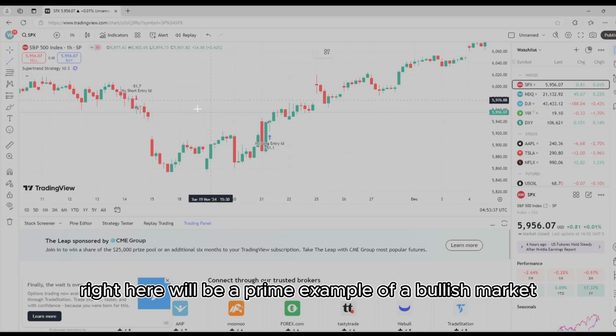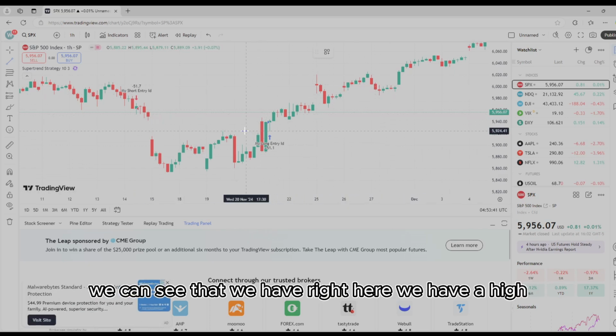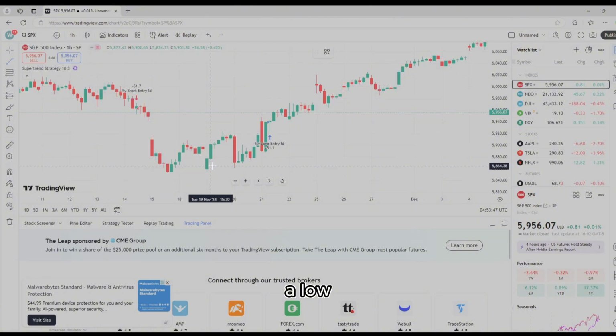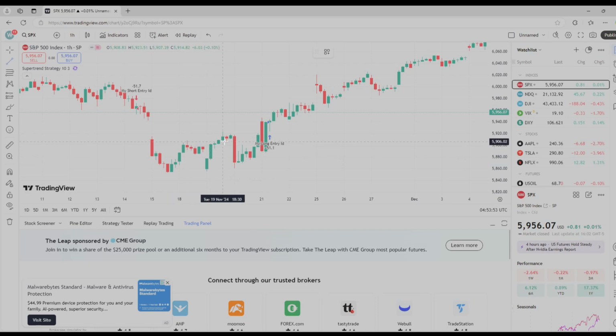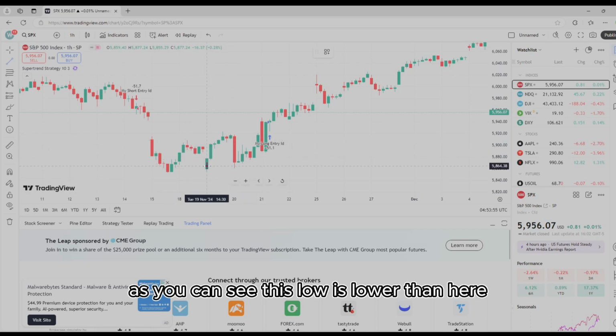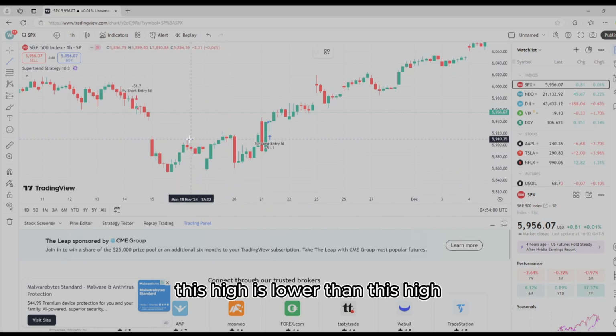So right here would be a prime example of a bullish market. We can see that we have a high, a low, a high, a low, and they're all succeeding one another with higher points than before. As you can see, this low is higher than here, and this low is higher than here. This high is higher than this high.